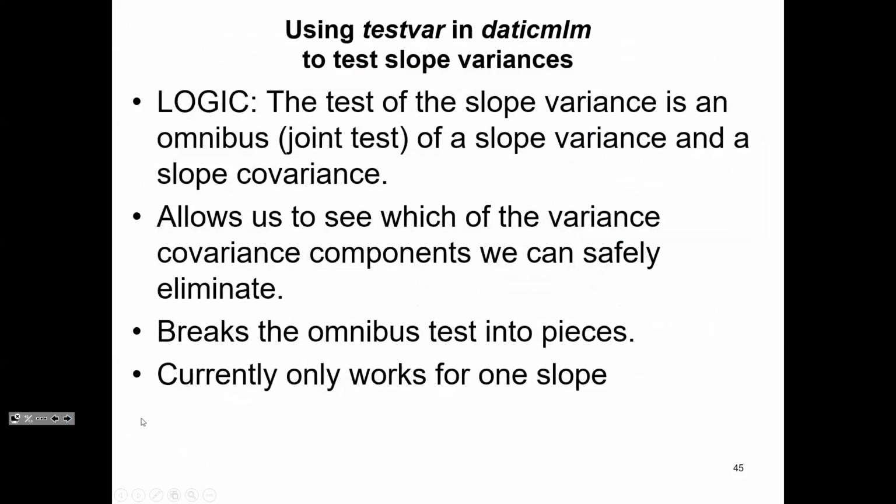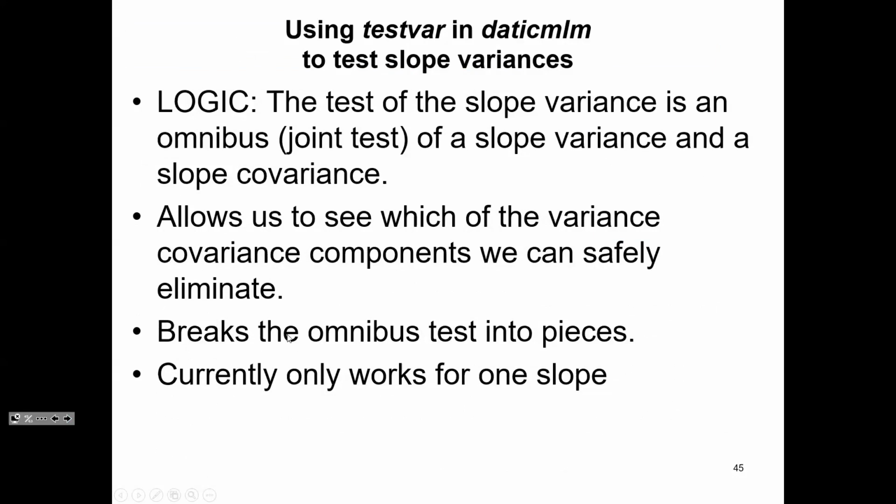So this Datic MLM package that I had you all install can actually allow you to look at the variances and the covariance separately to see whether things should be eliminated. It breaks this omnibus test into pieces. It currently only works for one slope though.